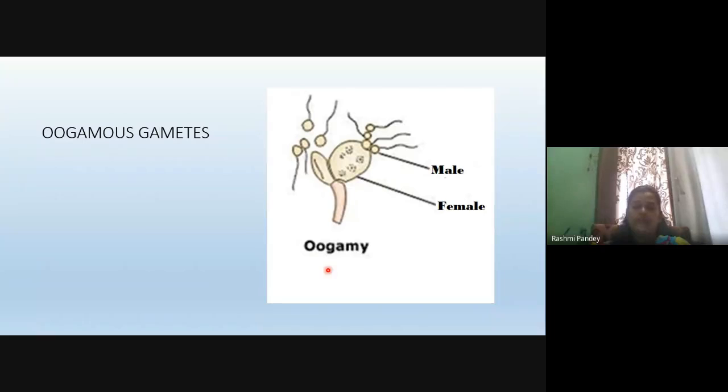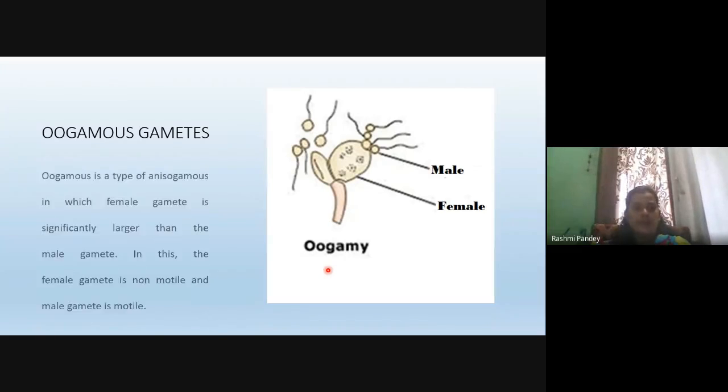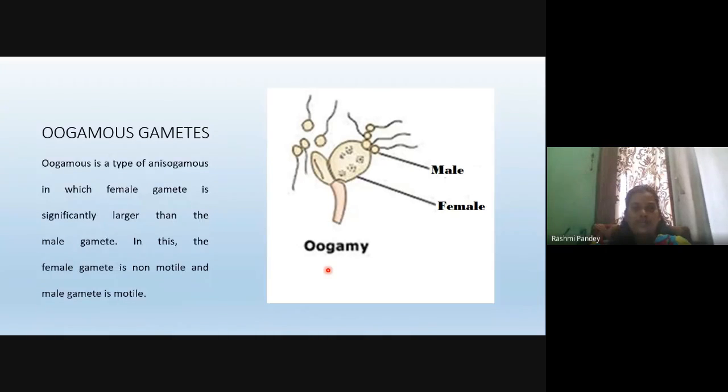This is also a type of anisogamy. So the oogamous type is a type of anisogamy in which the female, the one which is larger and non-motile, is a female cell and the male one is a smaller and motile gamete. So this kind is termed as oogamy.